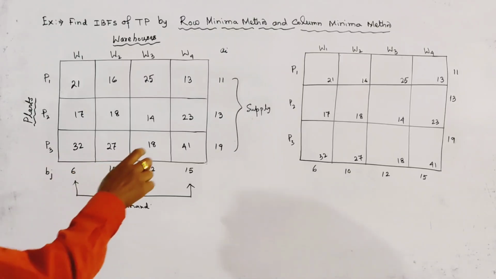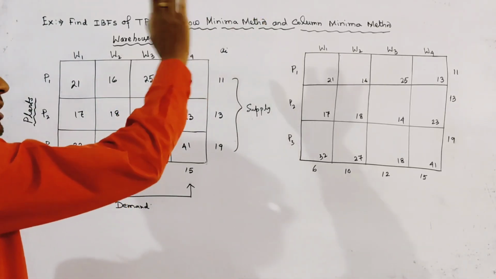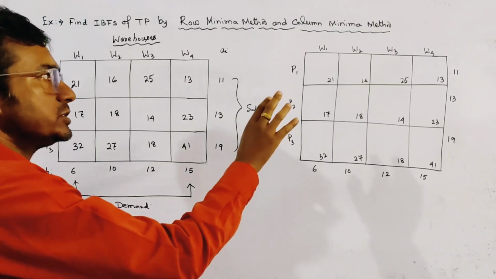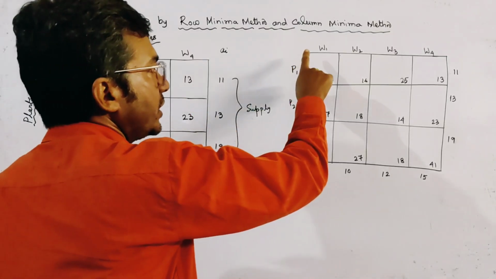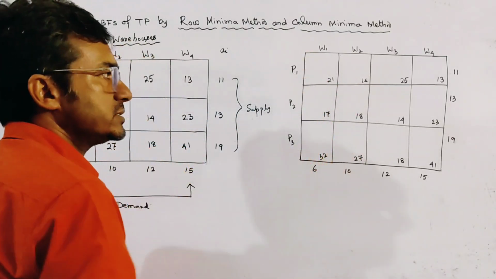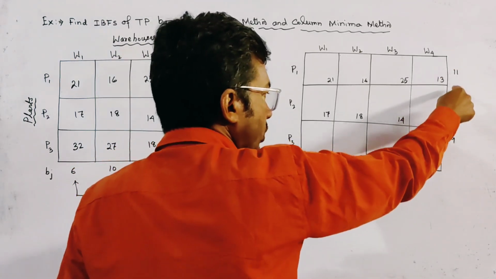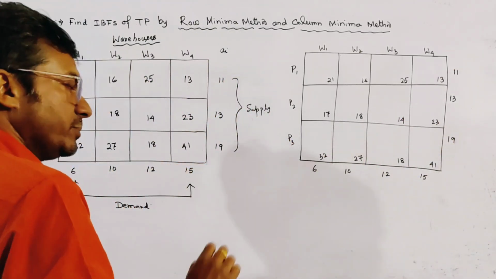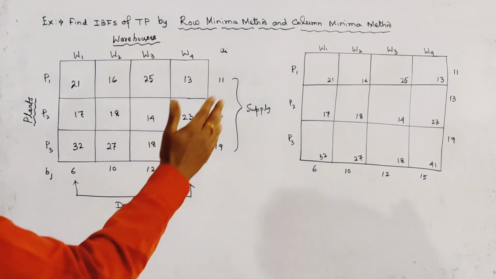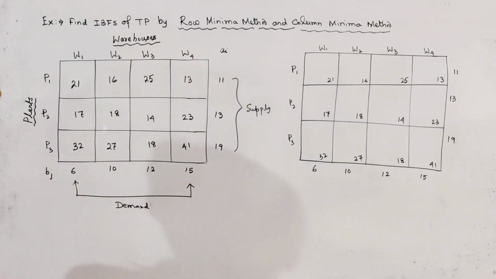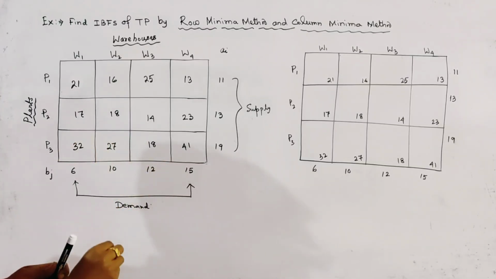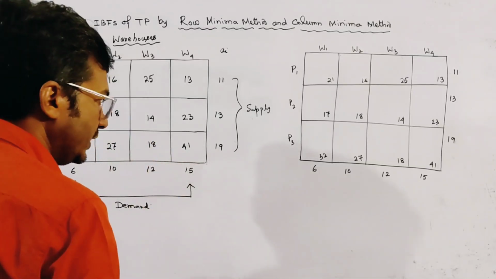To use the row minimum method or the column minimum method, any one of them, we first draw a transportation table and we write here the warehouses and plants, and here we write all the capacity or supply and all the demand. Before going to the transportation table, we first check whether this transportation problem is balanced or not.